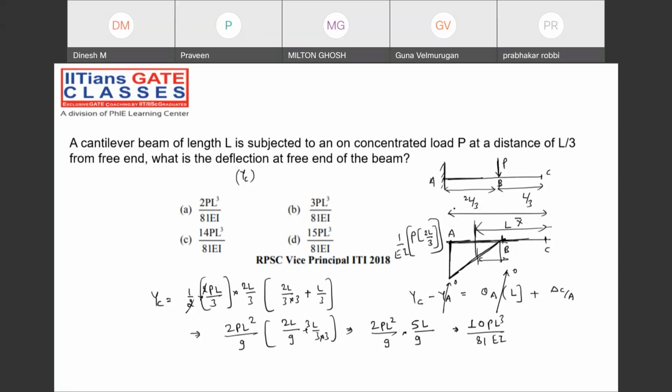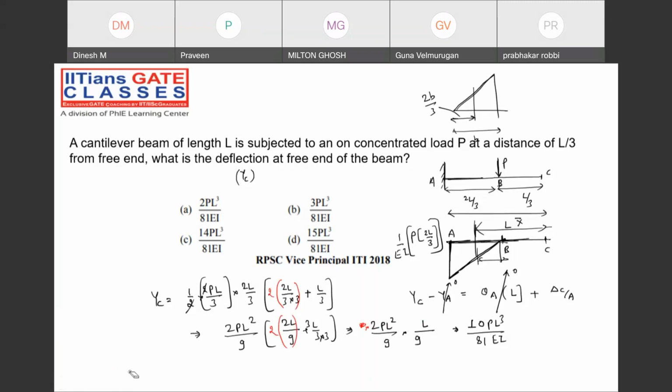Sorry, the distance will be 2 by B by 3. Suppose this is the triangle we have, and this is the total base. Then what about this? 2B by 3, right? Sorry, there is a small mistake, guys, that you can just correct. Into 2. Sorry, here it is not 5L.